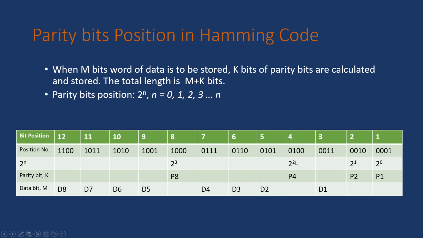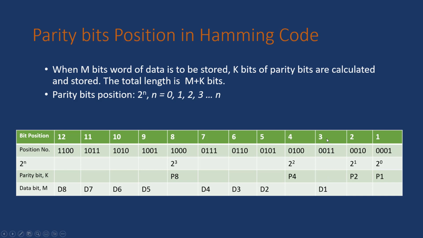The same thing, if n equals 3, 2 to the power 3 is 8, and bit position 8 is going to be a parity bit. The rest of the bit positions are going to be data.